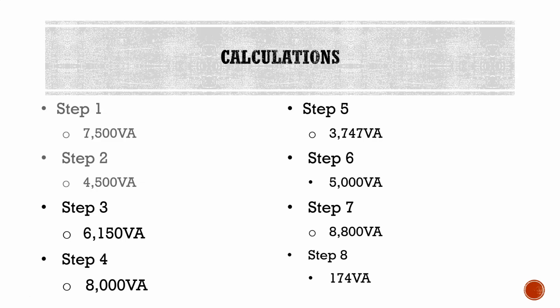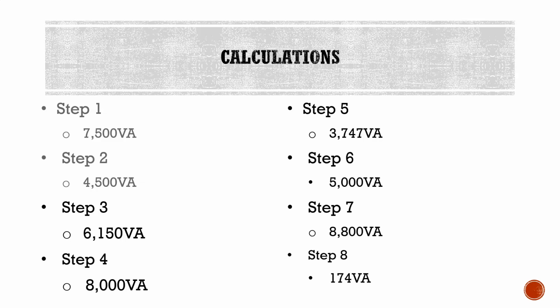And another thing that can confuse people is the 75% derating factor that we applied in step number 5. So technically, you could argue that we only have 75% of the load in step number 5 and not 100%.